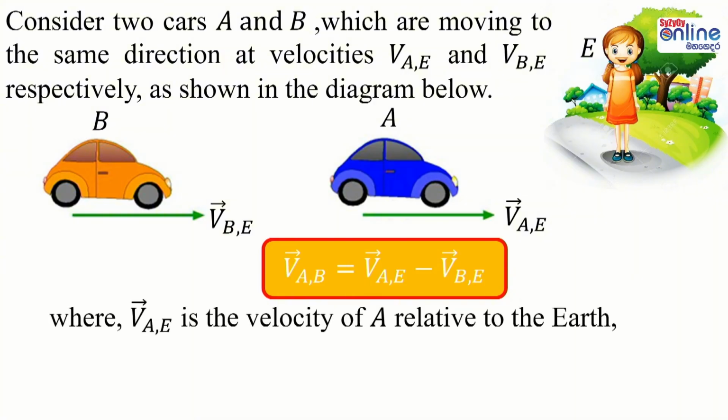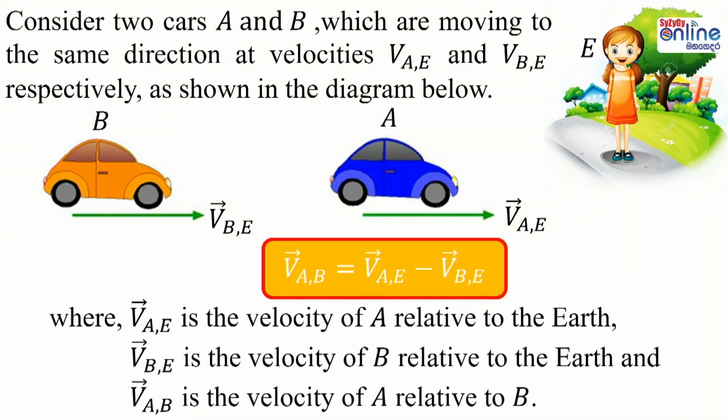We have good names for them as well. Velocity of A relative to B is called VAB. Velocity of B relative to E is VBE.